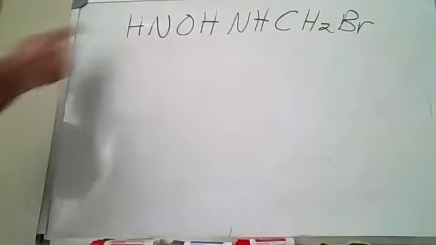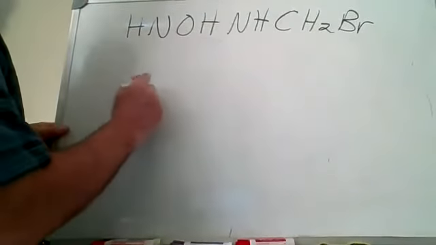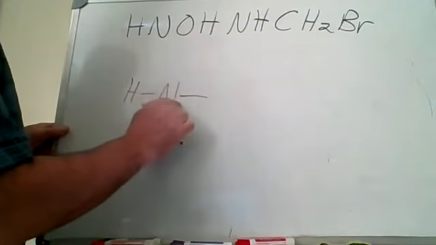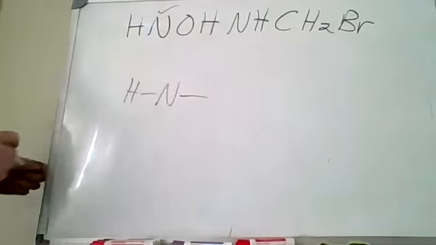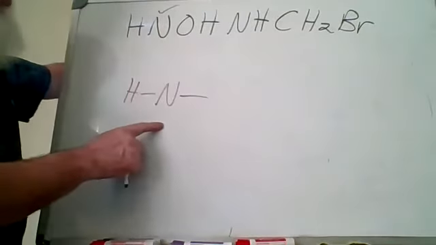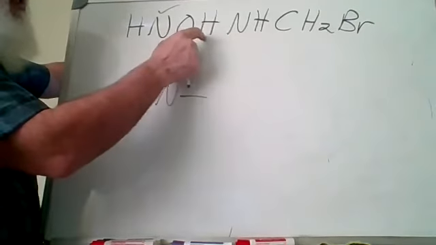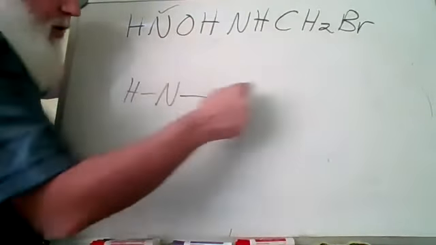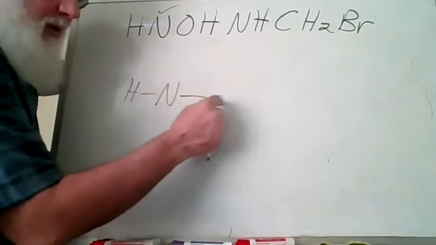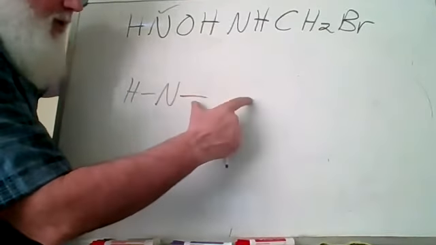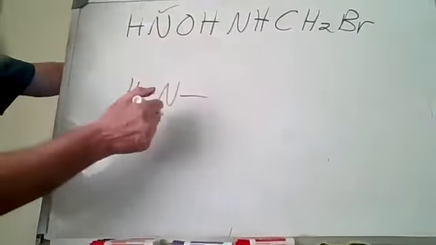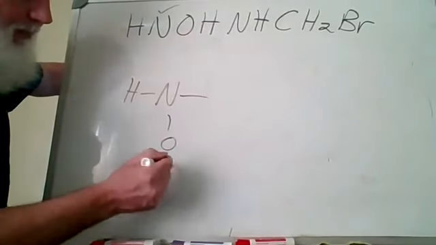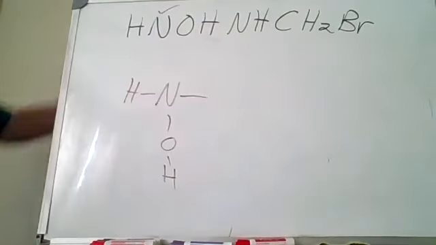All right, so HN, I know what that looks like. Okay, nitrogen is going to be part of the growing chain here, but it needs another bond, a 3rd bond. So this OH can only make 1 bond, and I don't want it to be part of the growing chain because whatever atom is going to go here has to make 2 bonds. So I'm going to put the OH down here or up top, it doesn't matter.